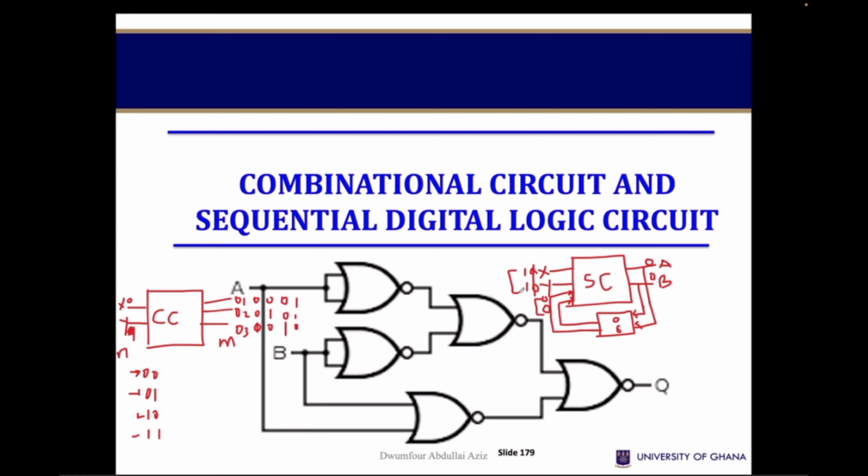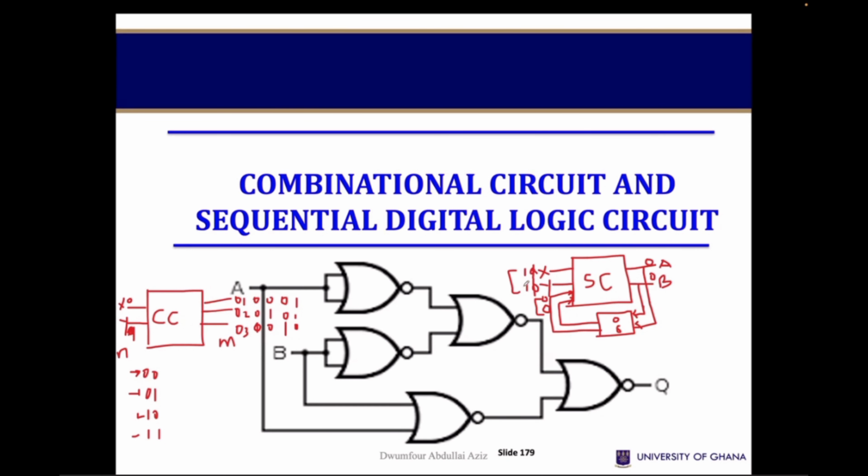So this two determines your next output. Whereas with the combinational logic, your current input is all the time what affects the current output. But with sequential logic, your current output is always a function of your previous input and your current input.